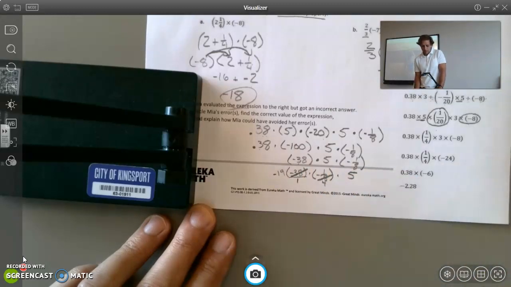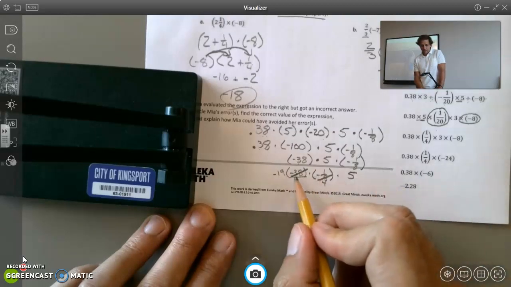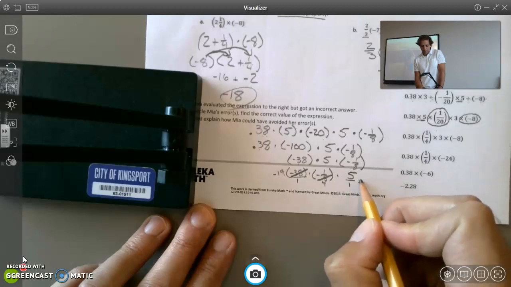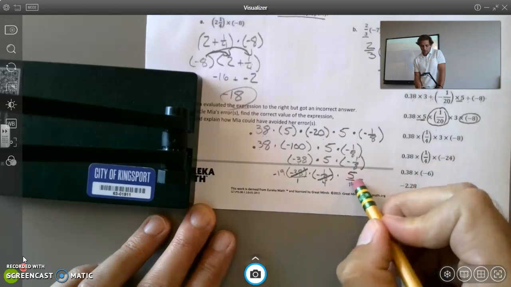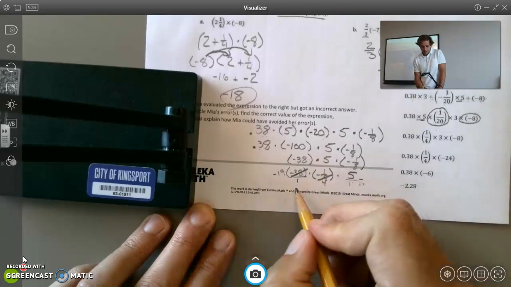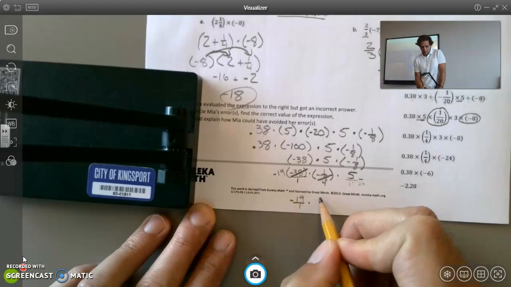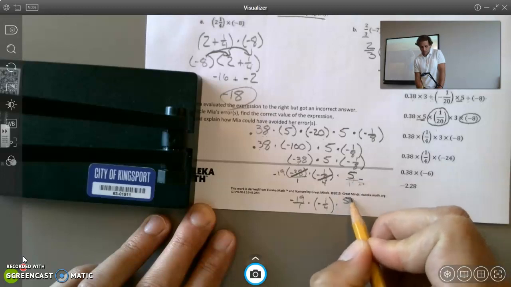All right. Now, if I have two fractions here, I could make this a fraction as well, and we could just multiply across. I did several steps here. Maybe I should rewrite this for you. Negative 19 over 1 times negative 1/4 times, I'm taking this 5, I'm going to write it as 5 over 1.